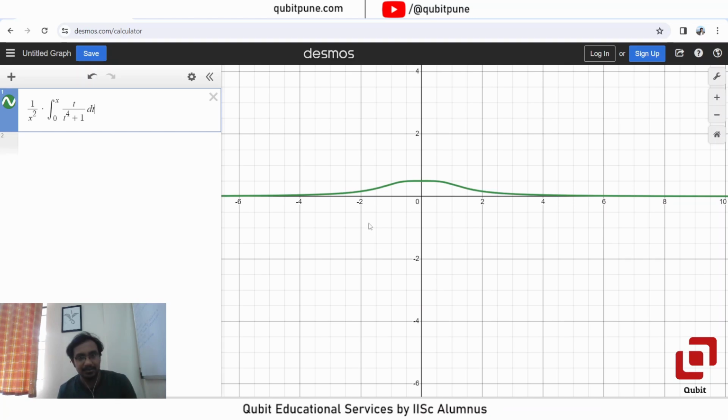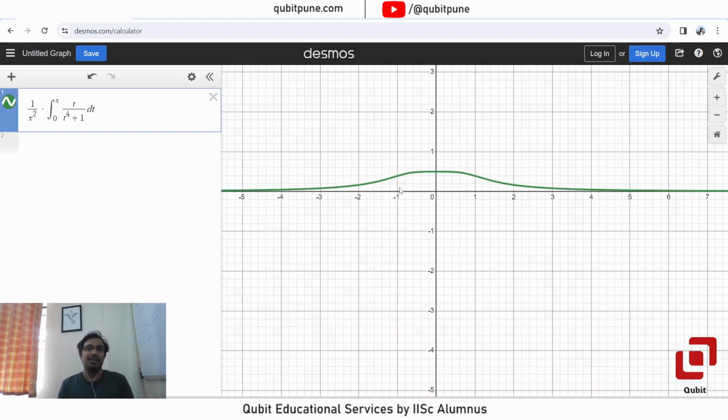So this is how the graph of the function looks. And we have got our value as 1 by 2. Let's see if it is there. Clearly it's 1 by 2 because this is rounding it off.